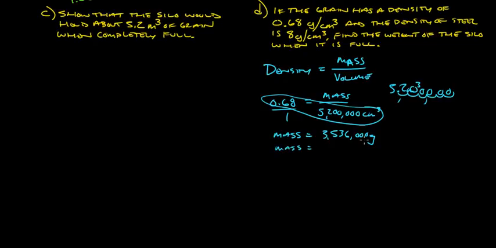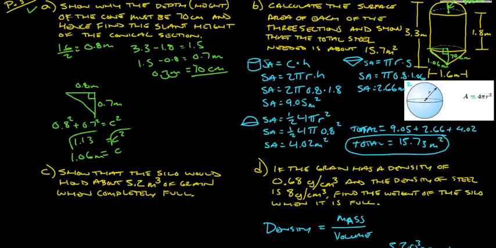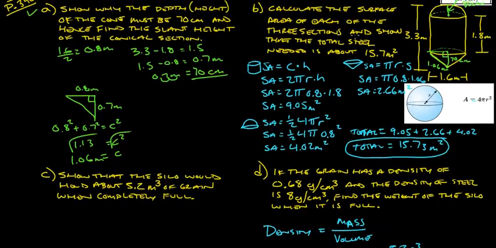Which we'll then turn into kilograms. Move back 3 places, so 3,536 kilograms for the total amount of grain, the grain weight. Okay, so we also have to go back and calculate how much weight all the steel is going to be.